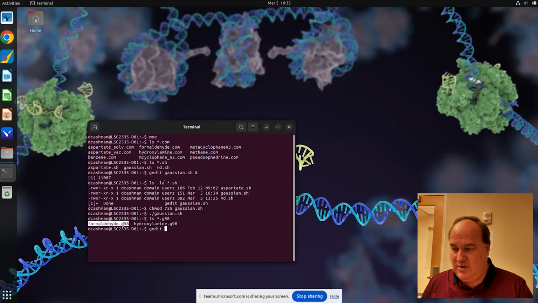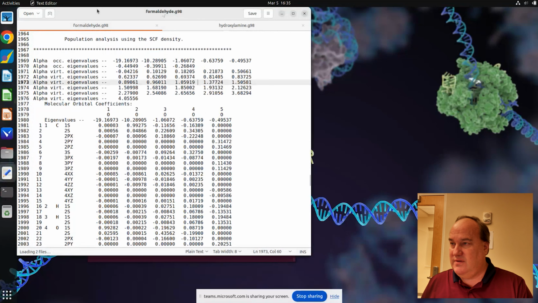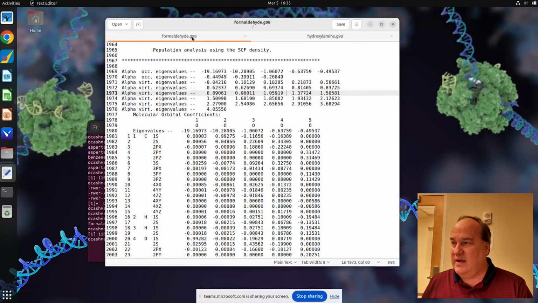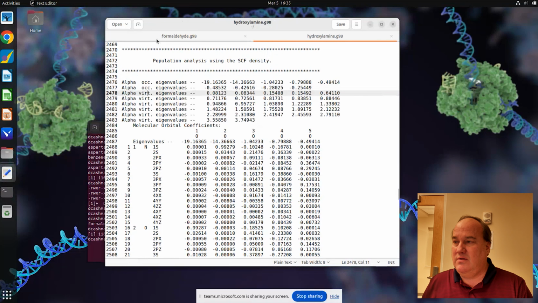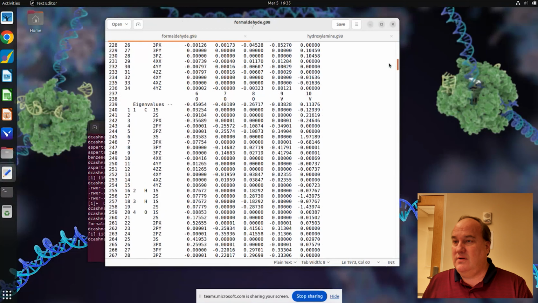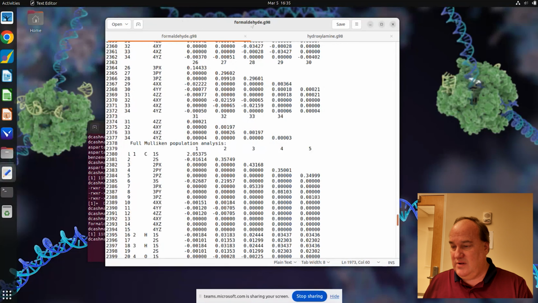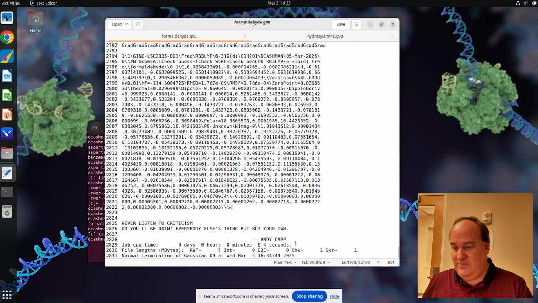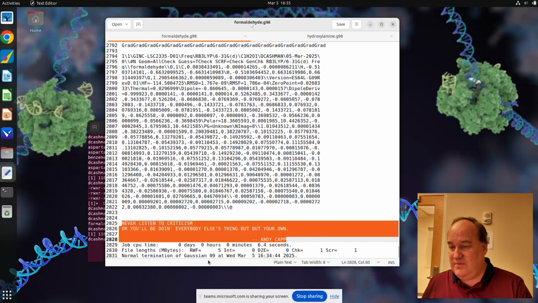So now I can look. I can actually load both of these into gedit at the same time. So you have formaldehyde and then hydroxylamine's over here, right? And so, this is our Gaussian output. We go down to the bottom. We finished this in 6.4 seconds. I always like to read the quote. That's always fun.